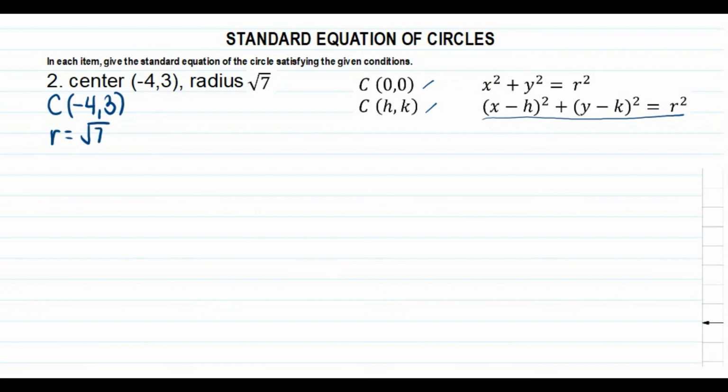Now, ilagay lang natin yung, okay, the squared of x minus h plus the squared of y minus k equals r squared. We'll just substitute what we have.